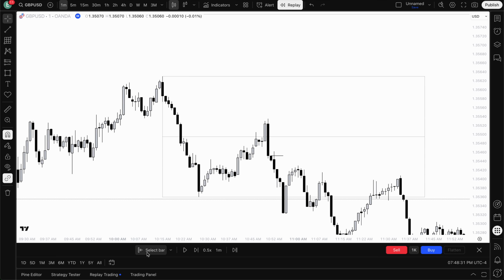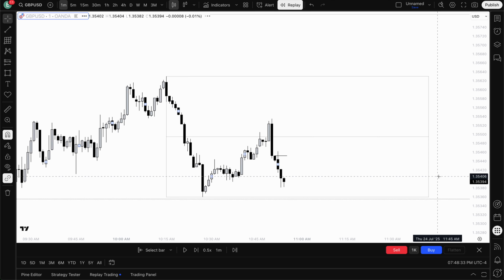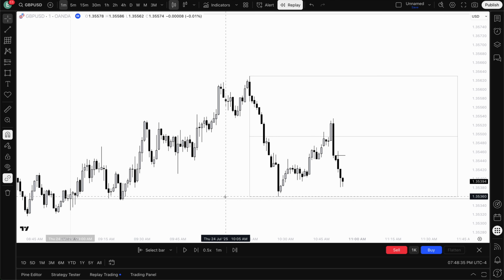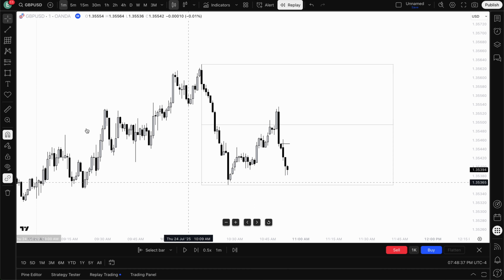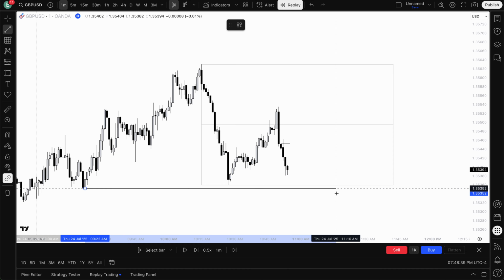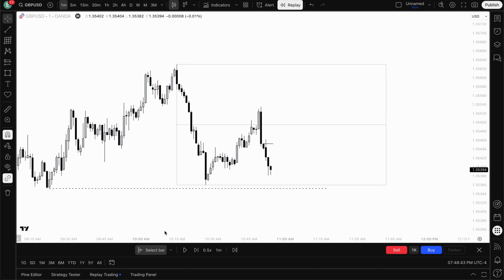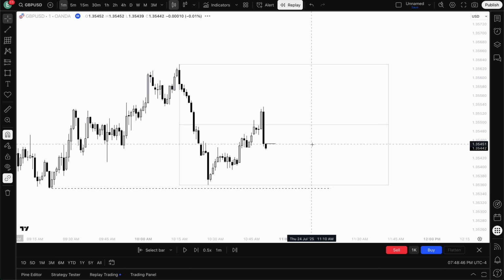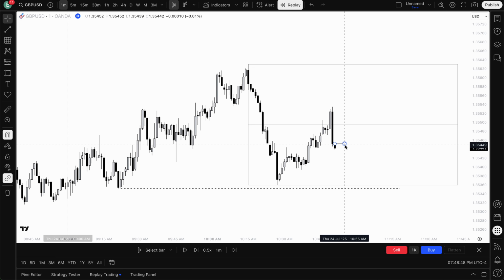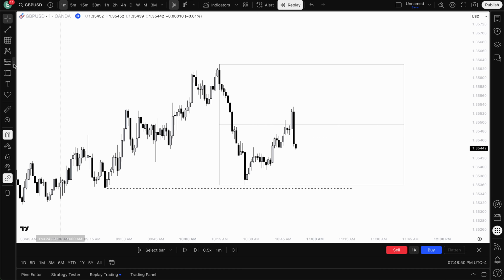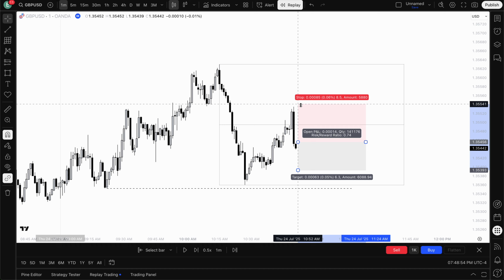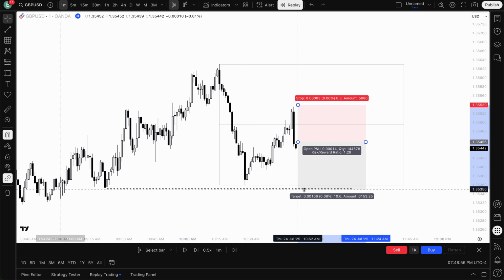Discount. Just imagine, look, we have these equal lows right here. It's the same situation. We have an FVG, we get displacement. What do I want to do? I want to enter on that. I want to go short in this FVG, place my stop loss up here, and target these equal lows.